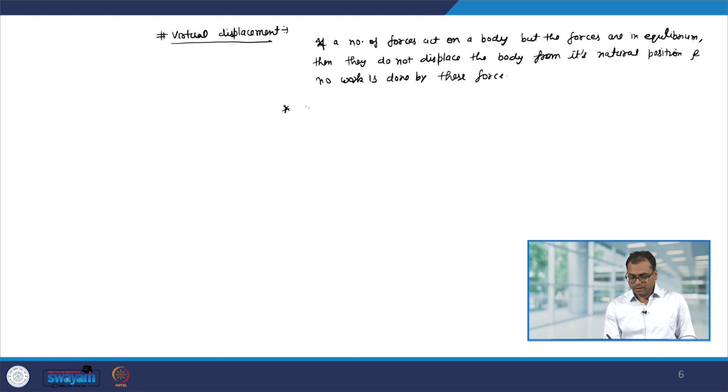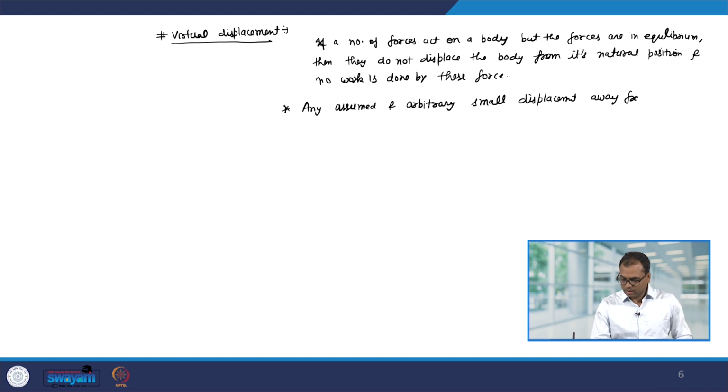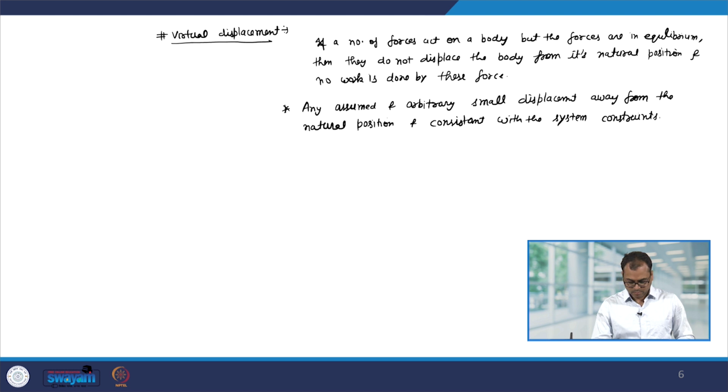Now, what is virtual displacement? Any assumed and arbitrary small displacement, let us say away from the natural position, and it should be consistent with the system constraint, is called a virtual displacement.